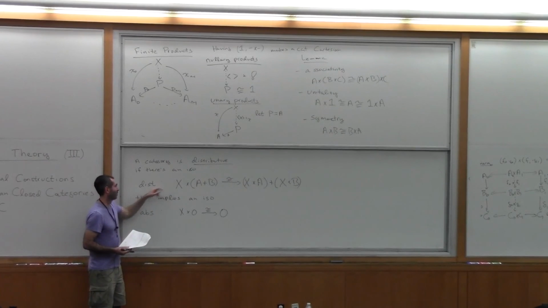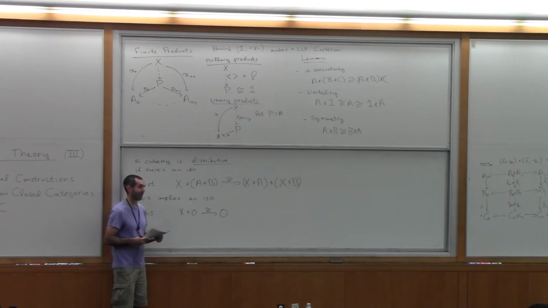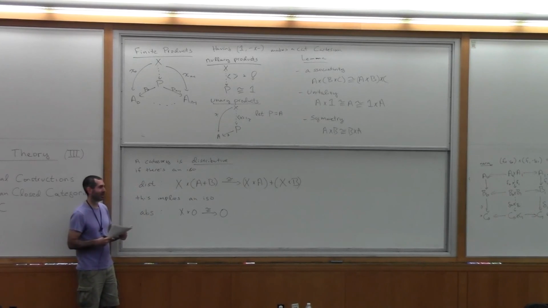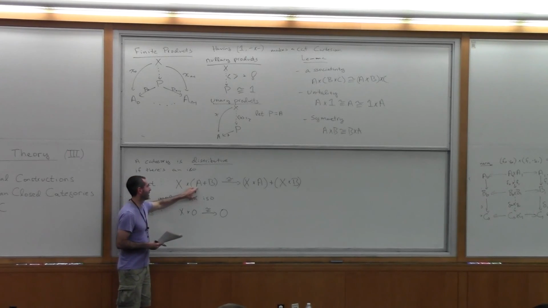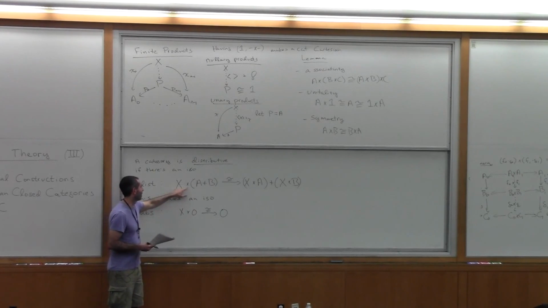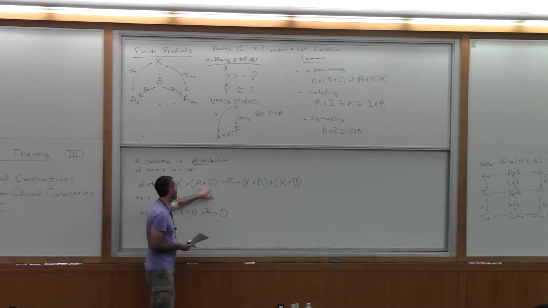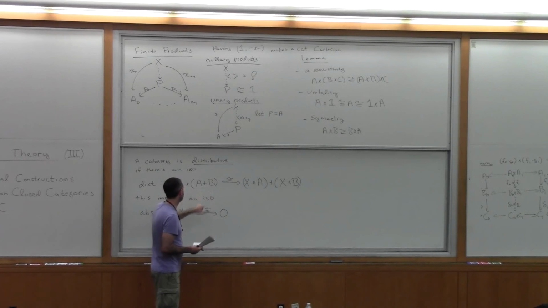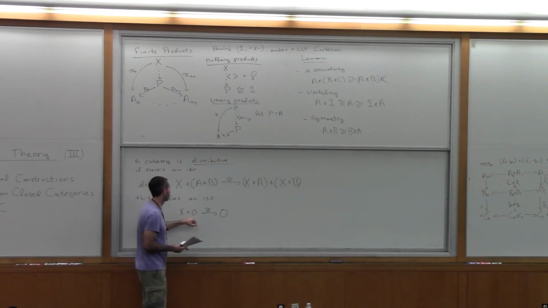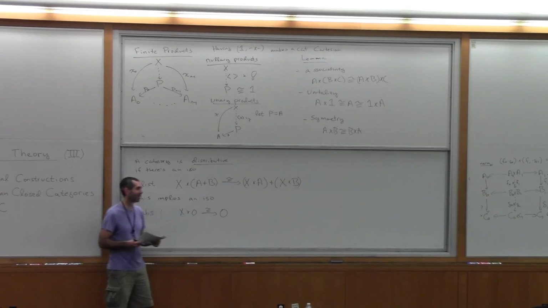So this is how multiplication and addition works in natural numbers. This is how multiplication and zero work in natural numbers. It turns out that they don't automatically work this way in every category with products and sums, but in distributive categories they do. And you should really think of this as the binary case, and this is the nullary case, right? This is saying that the product distributes over the two cases of a sum, and this is saying that the product distributes over the zero cases of an initial object.